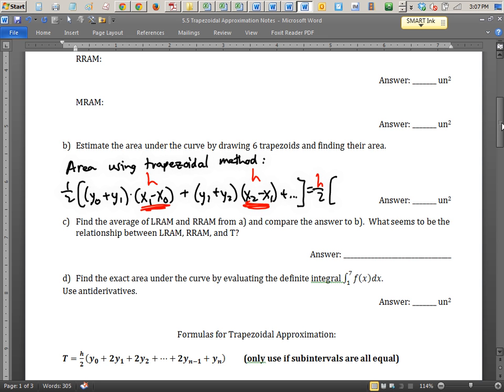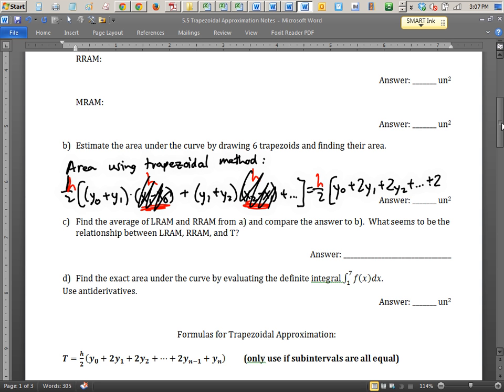And then on the inside, now that you've pulled out all the h's, you basically end up with y0 plus y1 plus y1 plus y2 plus y2 plus y3 plus y3 plus y4. In other words, you get y0 plus a pair of y1s plus a pair of y2s, etc., all the way until you get towards the end.